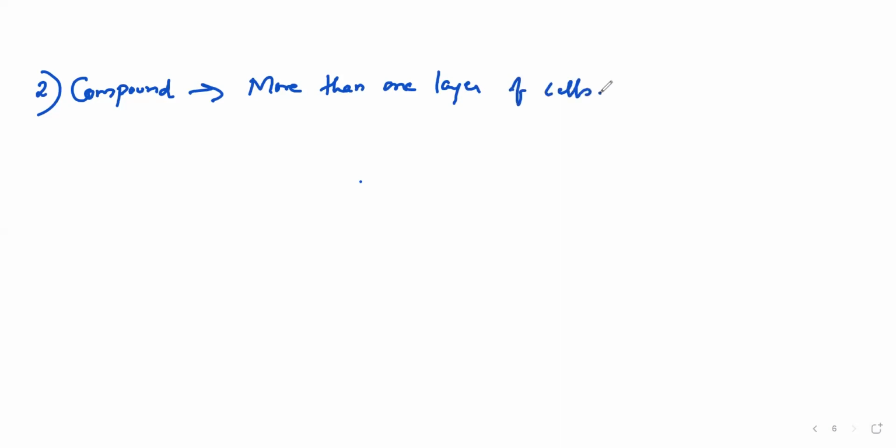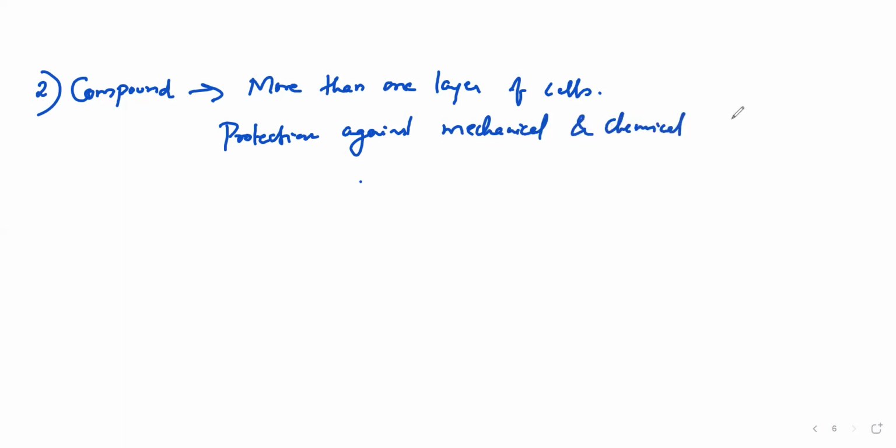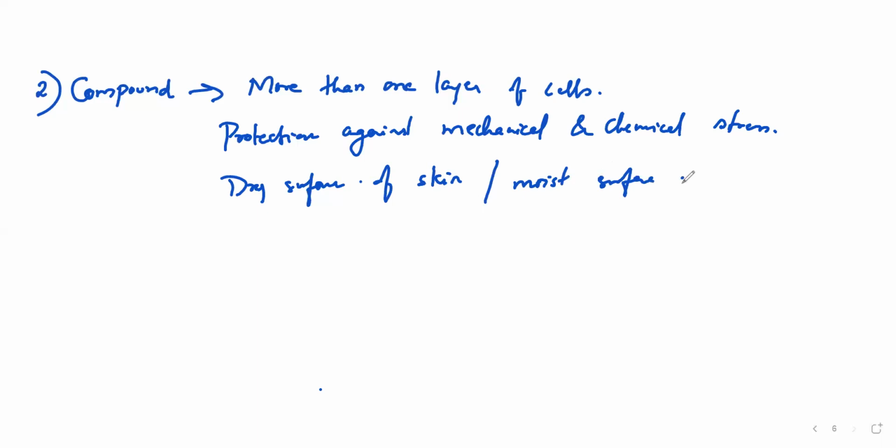Their main function is protection, against mechanical as well as chemical stress. So you will find this compound epithelium on the dry surface of skin, or on the moist surface of the buccal cavity or pharynx, that is in the mouth.